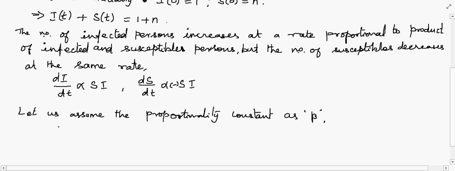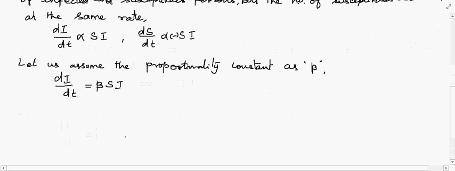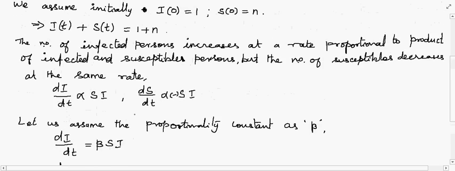we'll be having dI by dt equal to beta into S I, and dS by dt equal to minus beta into S I. Let me name the equations.